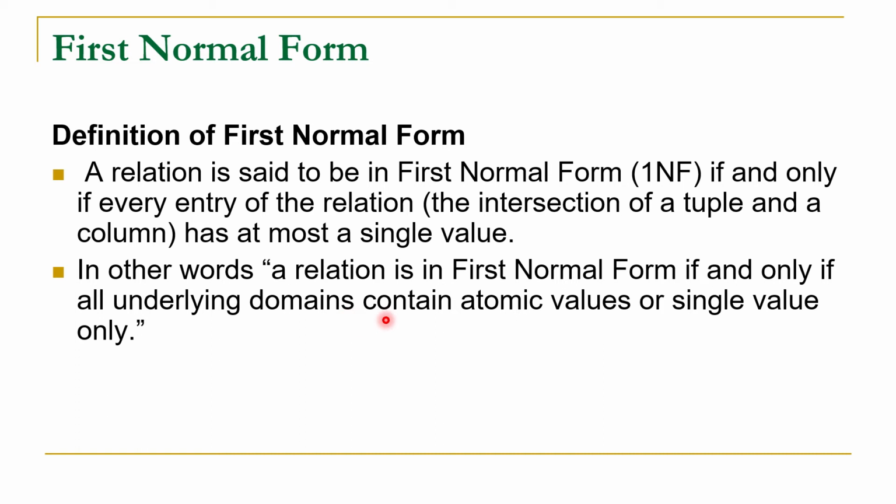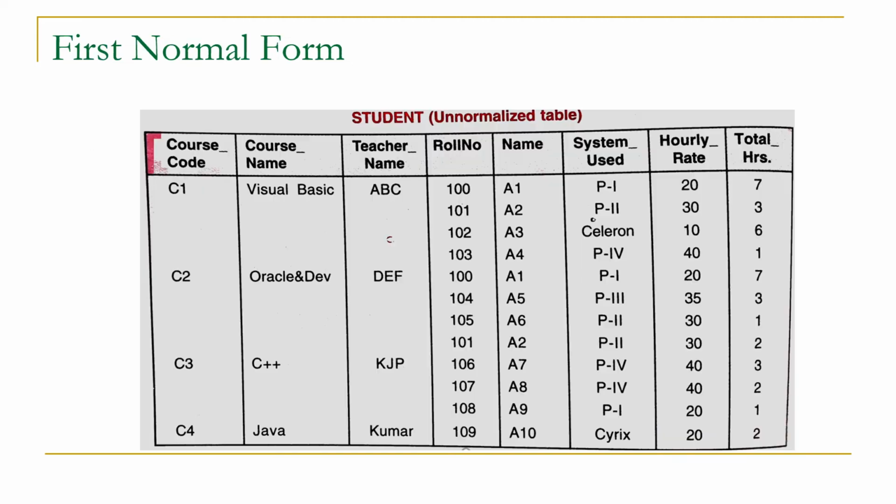It indicates the same concept: for every row-column combination, or every cell, we should have at most a single value. As we discussed in our example of the computer center dataset, here we have 7 columns, and for a given value of course code, course name and teacher name, we are getting multiple values of roll number, name, system used, hourly rate and total hour.